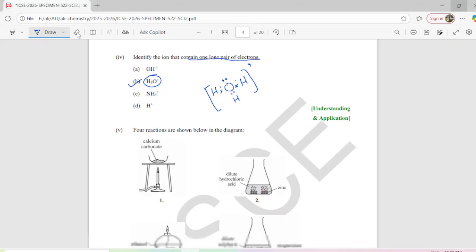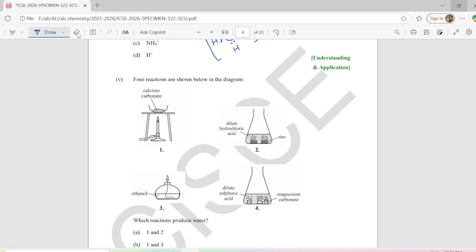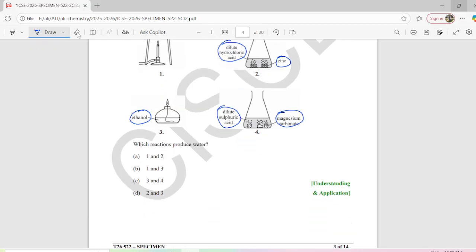Next, MCQ 5. 4 reactions are shown below in the diagram. First one, you are heating calcium carbonate, then the reaction between dilute hydrochloric acid and zinc, then this is burning of ethyl alcohol or ethanol, and the fourth one is the reaction between sulfuric acid and magnesium carbonate. Now the question is, which reactions produce water?